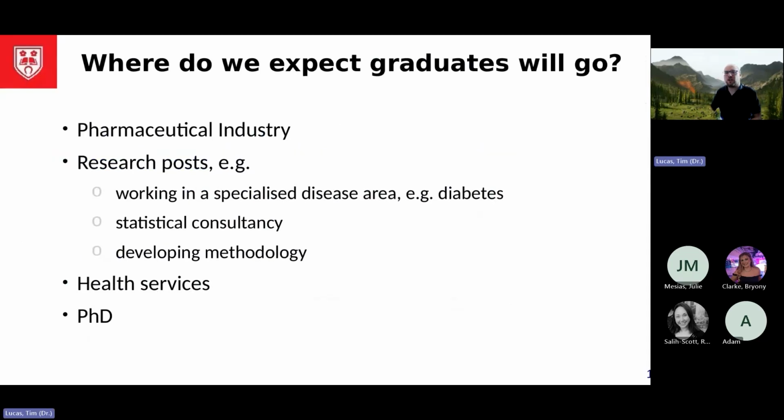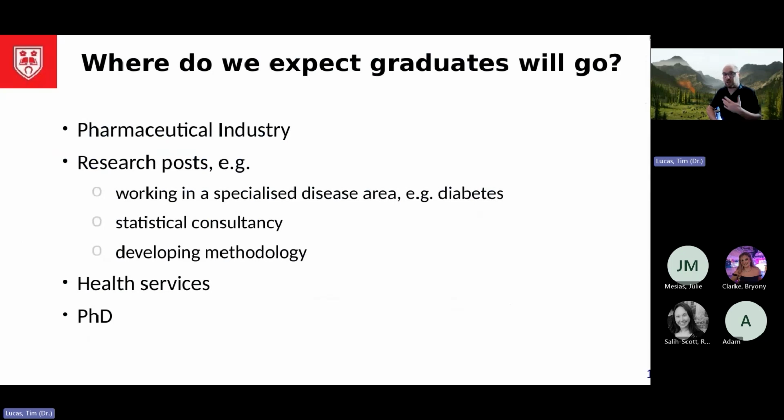This is a new course, so we don't have any previous alumni to follow and see exactly where they go. So we're basing this partially on where medical statistics graduates go, and partially on where we think this new course makes sense. A lot of our graduates go on to the pharmaceutical industry. A lot of them go into research posts, statistical consultancy, or perhaps working for NGOs or for government research departments.